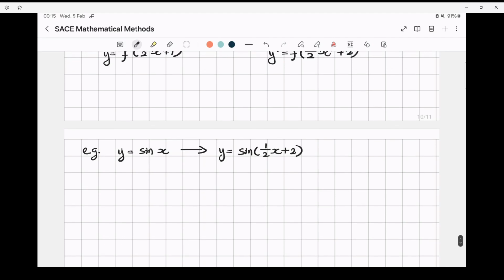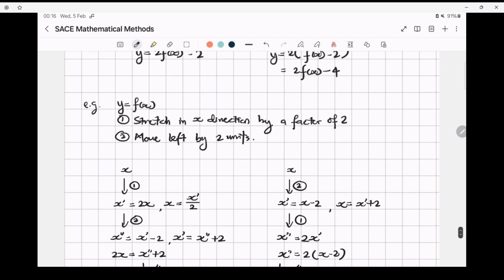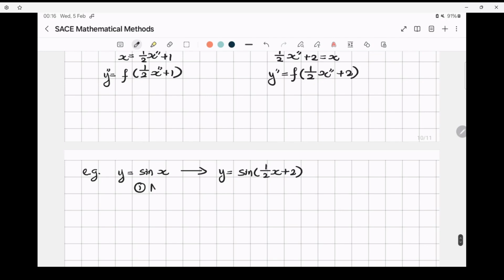So if you want to write down the transformation, the first one has to be the translation. So you need to move left by 2 units. Then you stretch in the x direction by a factor of 2.